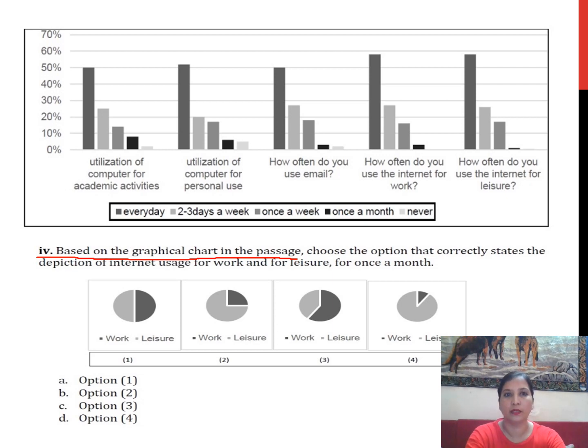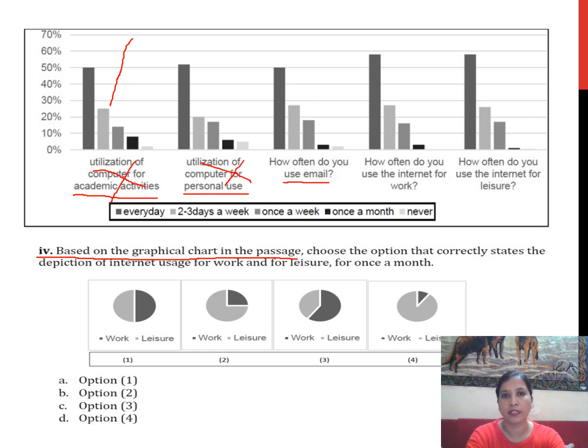And let's see the bar graph. The first bar graph, or this bar graph, it is telling us about the academic activities. Now this academic activity is not part of the question, so it is not relevant for us. The second one tells us about the personal use of the internet. Again, personal use is not there in the question, so it is also not relevant for us.